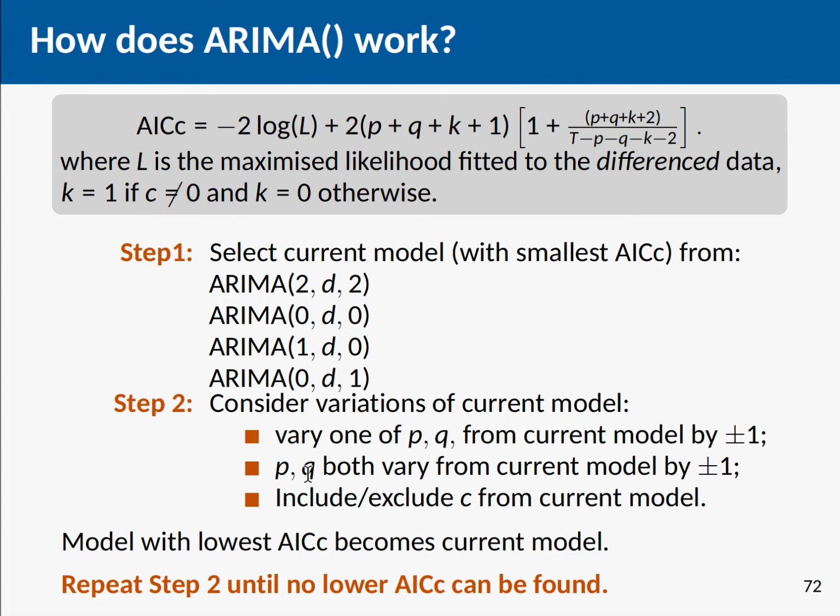And so p and q would both vary from the current model by just plus or minus 1. So stepwise, you're increasing or decreasing the lag structure of your ARIMA model, and excluding a constant, and then trying to measure what is the AICc. Once you find a model with the lowest AICc, that becomes the current model, and the iteration continues. Okay, so we keep repeating step 2 until we cannot find a model with a lower AICc.